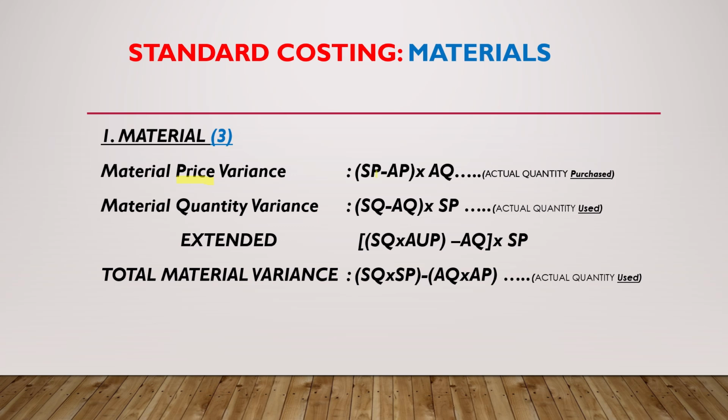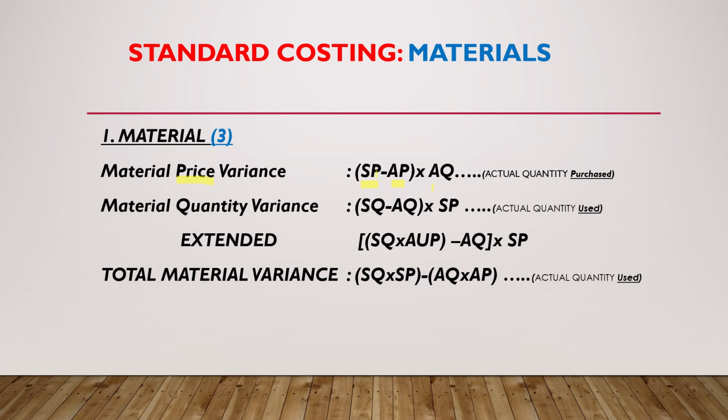You're comparing standard price and actual price because our focus is price, multiplied by actual quantity. So here you need to take note, what actual quantity are we talking about?